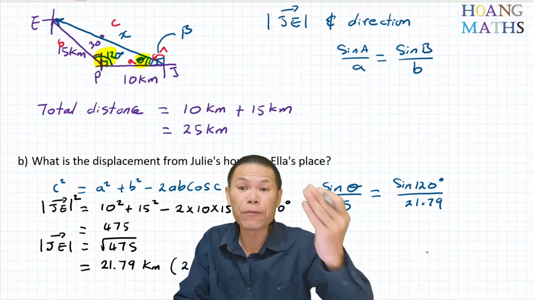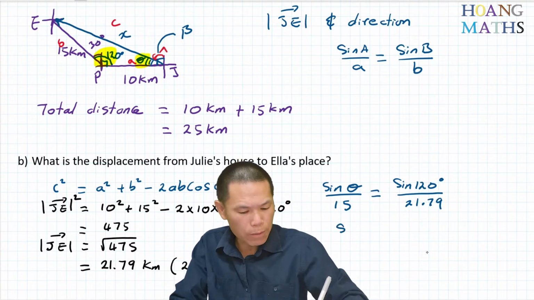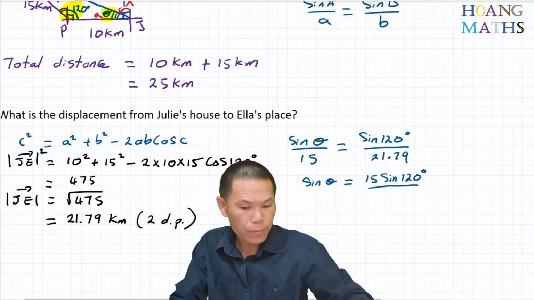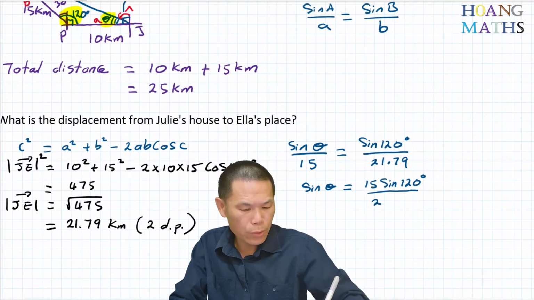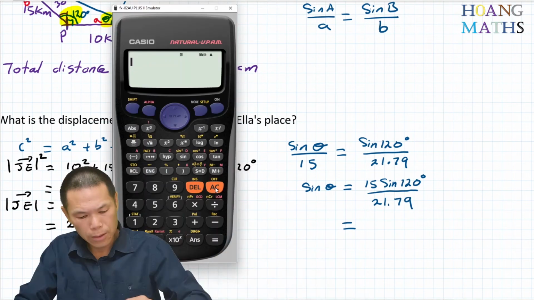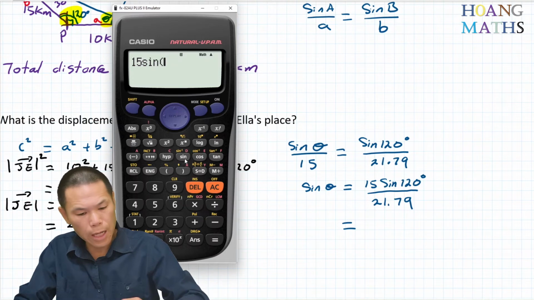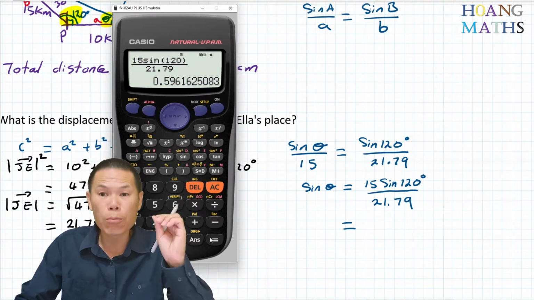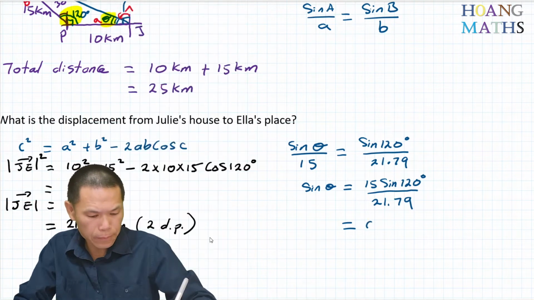And I just multiply by 15 on both sides. So sine of theta is equal to 15 sine of 120 over 21.79. So just go 15 sine of 120 over 21.79. That is 0.596.